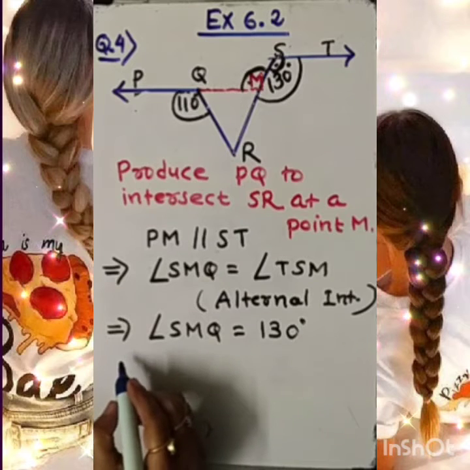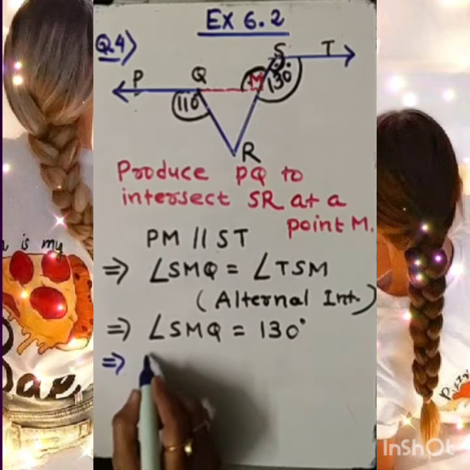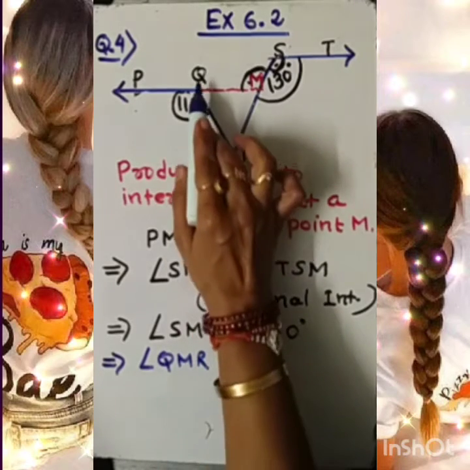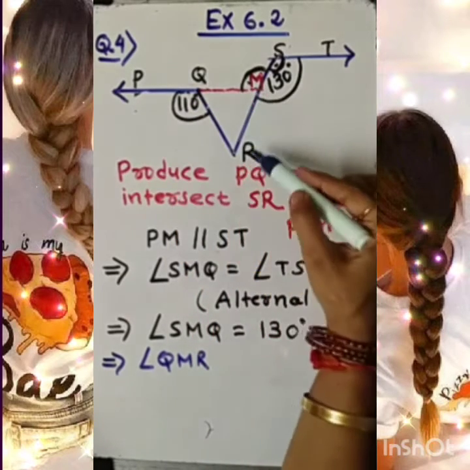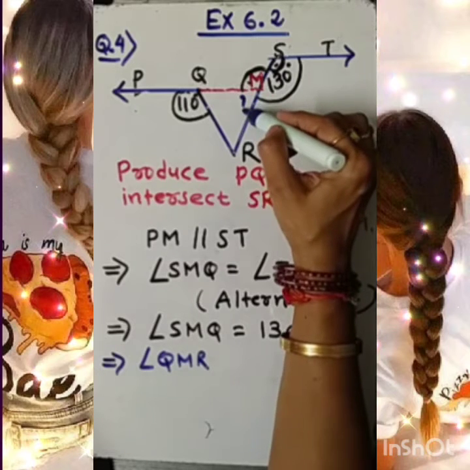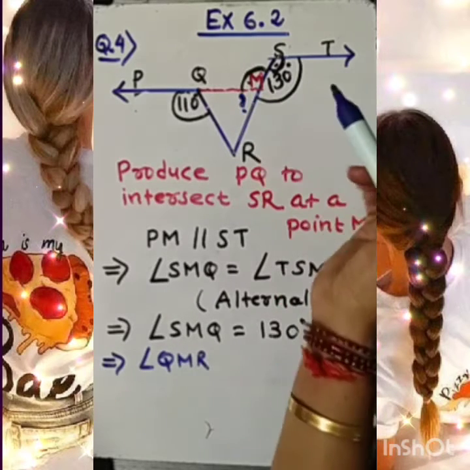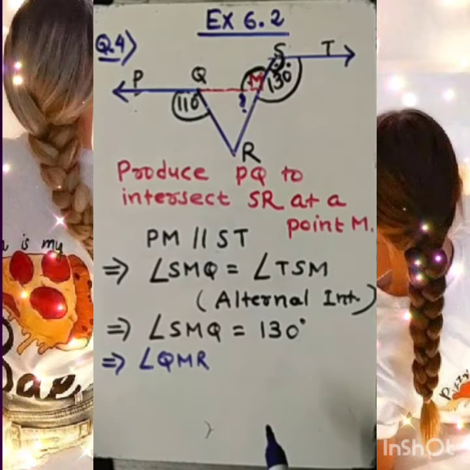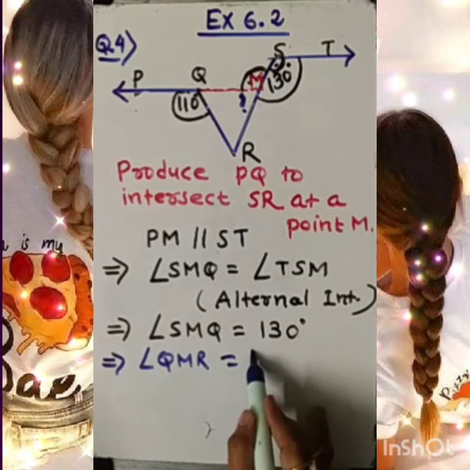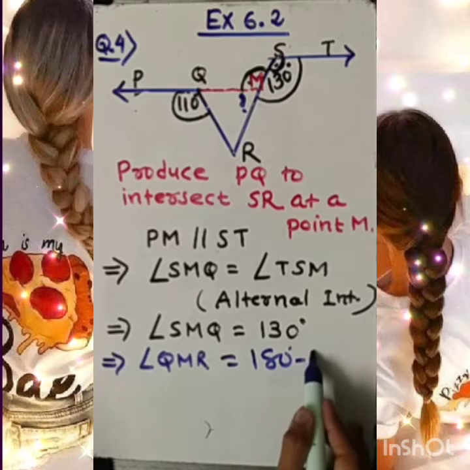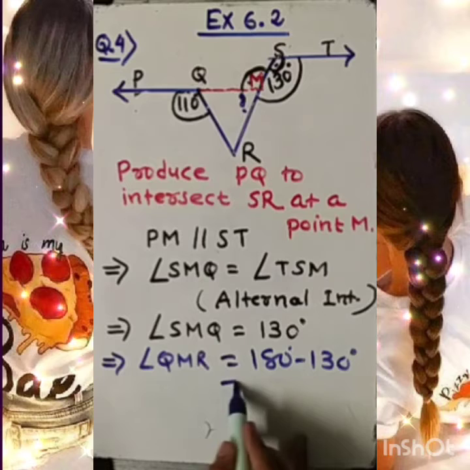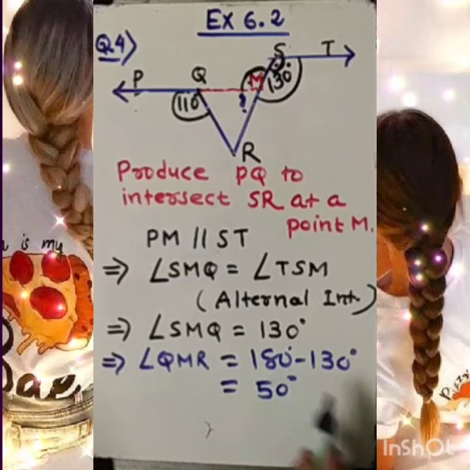Now we are going to find angle QMR. QMR. Look at your screen. QMR. How to find this angle? So can I say this angle and this angle, both are forming a linear pair? So I need to subtract the other angle from it. 180 minus 130, that is equal to 50 degrees.